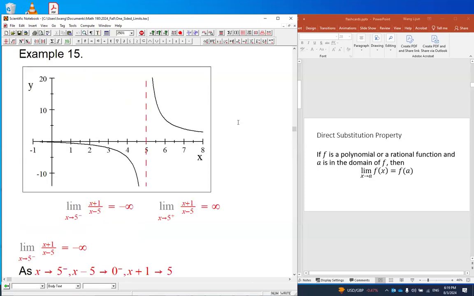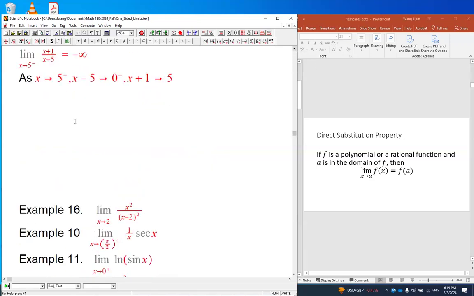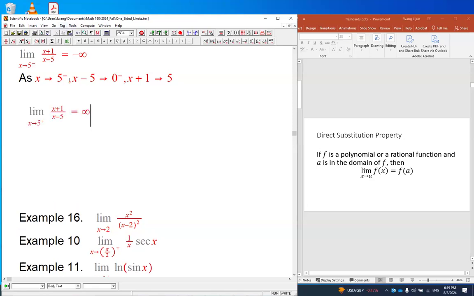And the same thing is true for the other one, right? So you can analyze that way. So similarly, in similar manner, you can say as x approaching 5 from larger than 5, right?